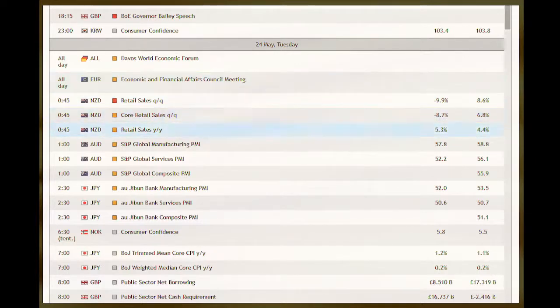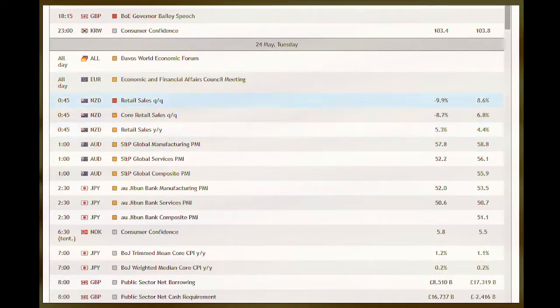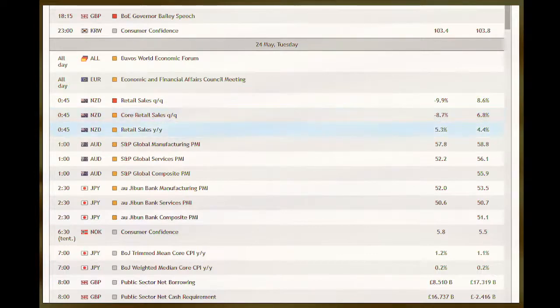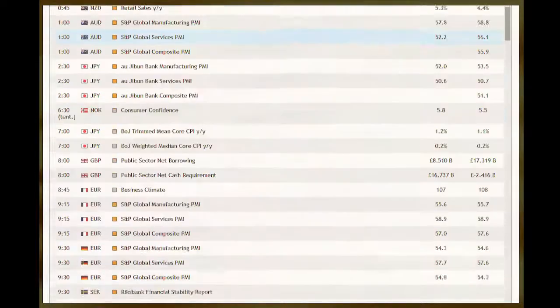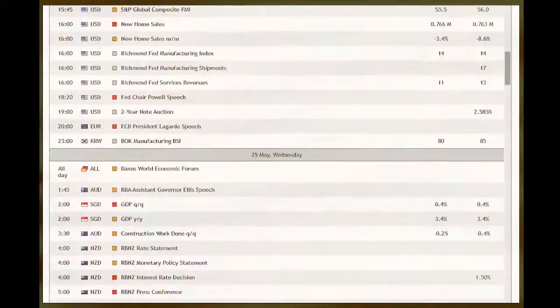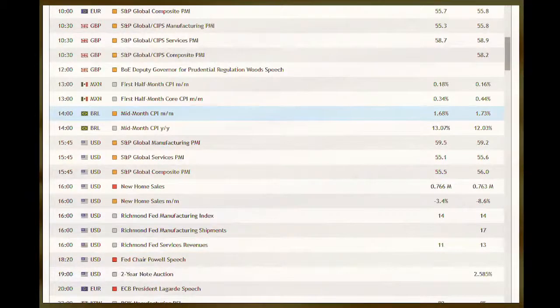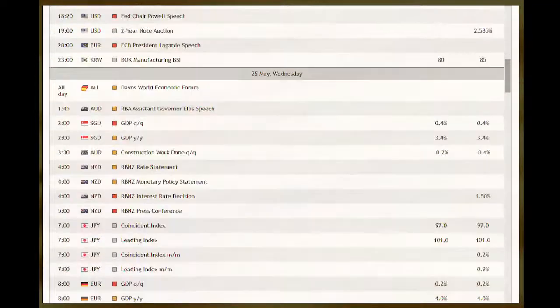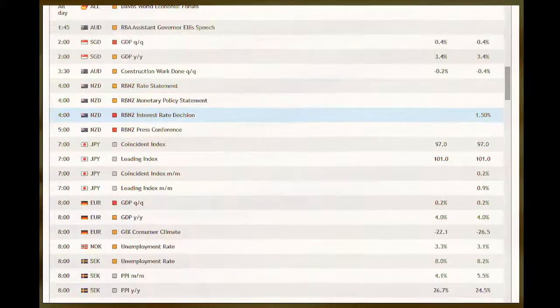They're expecting a few changes on these events, so definitely around this time we're going to see any pair paired against the NZD move. We're going to see volatility. So on Tuesday at 12:45 NZD retail sales is basically the only event that we have on Tuesday.